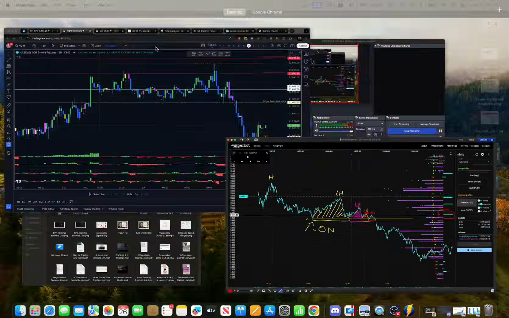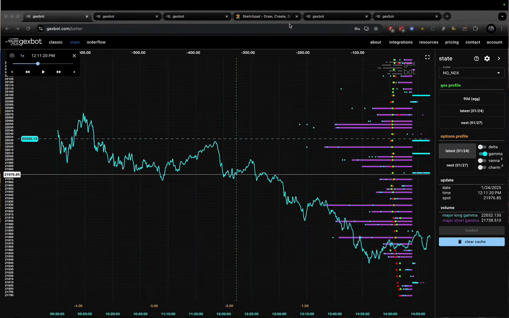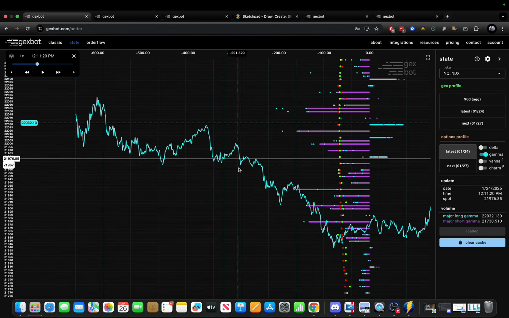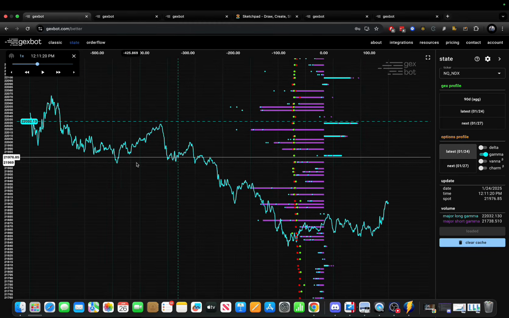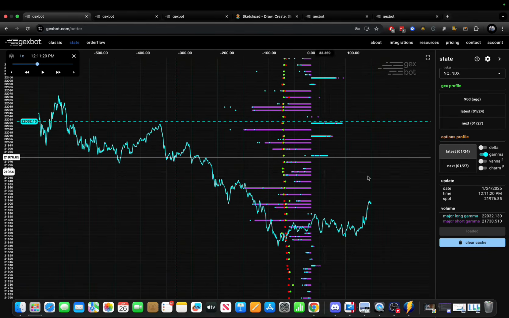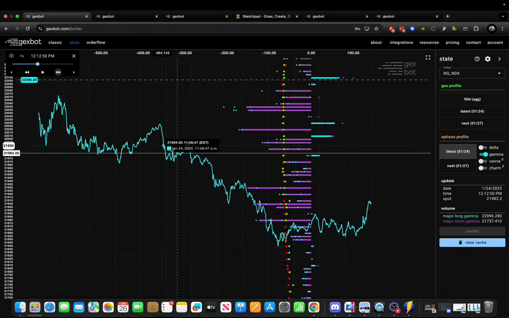So let me see where I put it. I have my level, which is the 21,966 low overnight of 71, and as the price, let's put it again. So we are here, right?